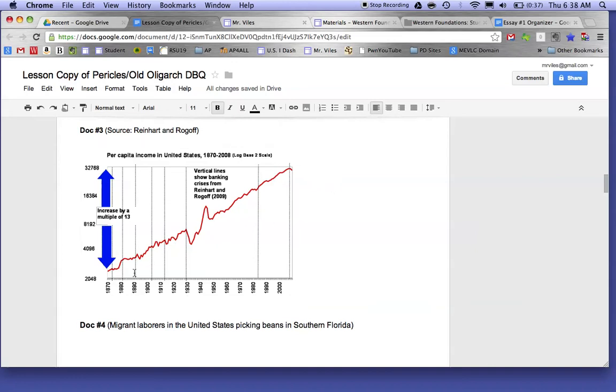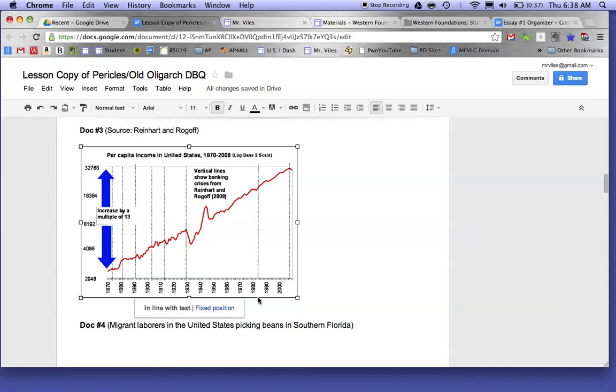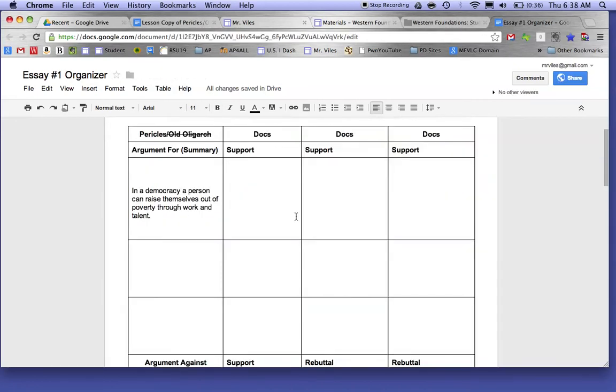And what we see is that from the year 1870 all the way up to 2000, a pretty steady increase. This is the Great Depression, but we see we rebound from that, and that's a pretty obvious upward tick. And so what that shows us is that in our democracy, individuals have, on average, steadily gained more income, gained more money. So document 3 becomes a really great piece of support.